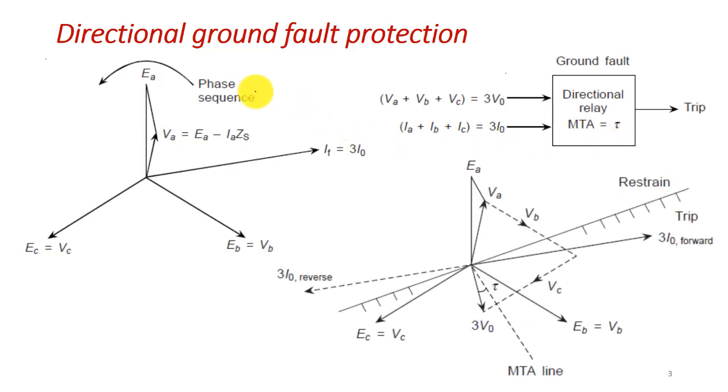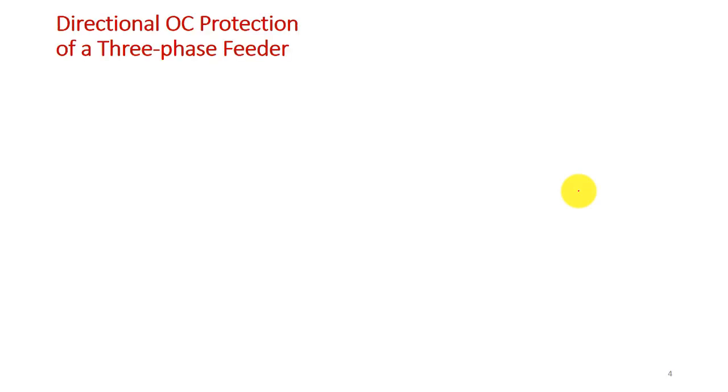Already we have seen these phasor diagrams and how it will operate, and how the 3I0 will lie in the trip region, and how the reverse current will lie in the restraining region. Already we have discussed this, and let us go ahead.